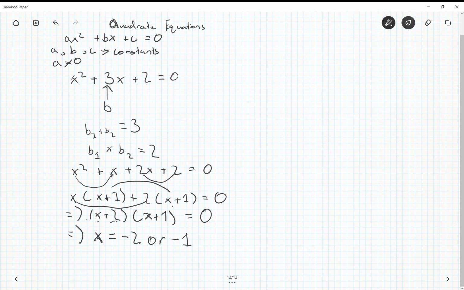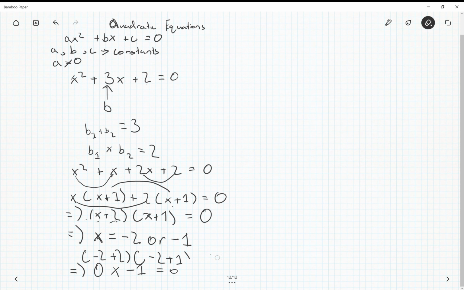So if we assume x equals -2, that would be -2 plus 2 times -2 plus 1 equals 0, and then that would equal 0 times -1, which equals 0. So that one definitely works.